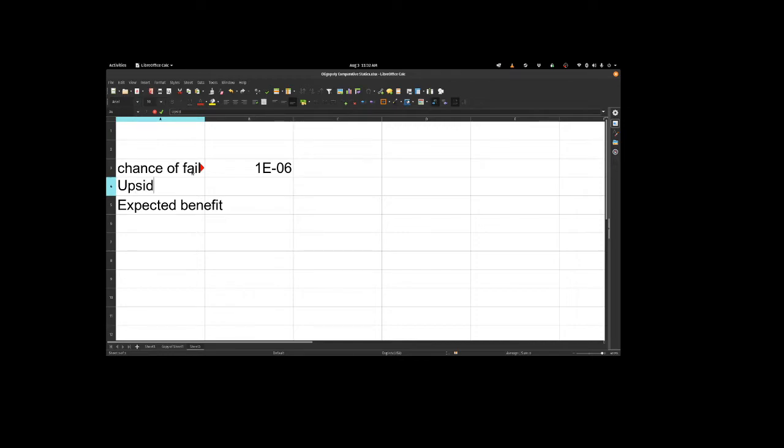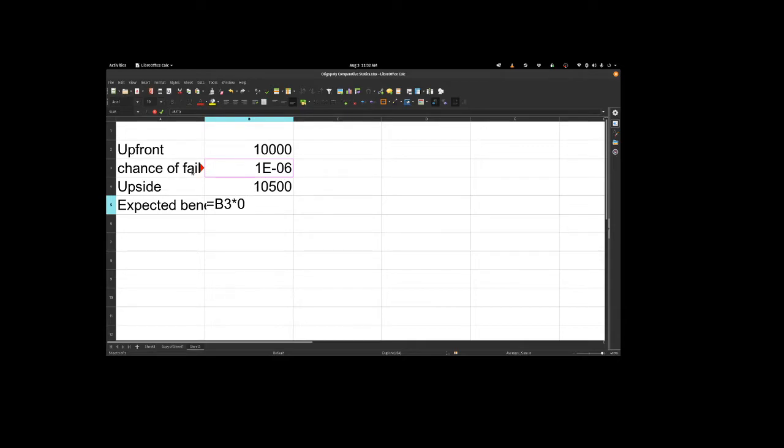Let's call it upside. So the upside of this deal is that we give up $10,000, but we get back $10,500. And let's just specify that we've got an upfront investment of $10,000. So now our expected benefit is going to be the chance that he fails times 0, right?